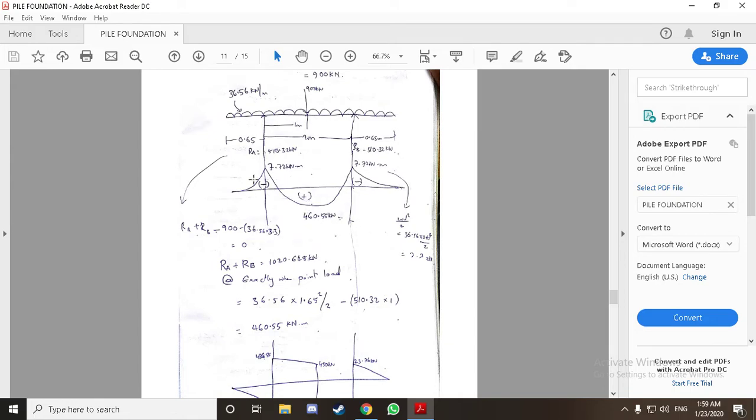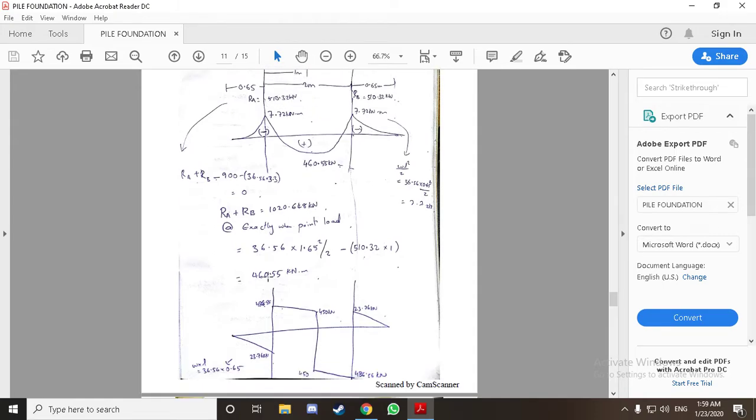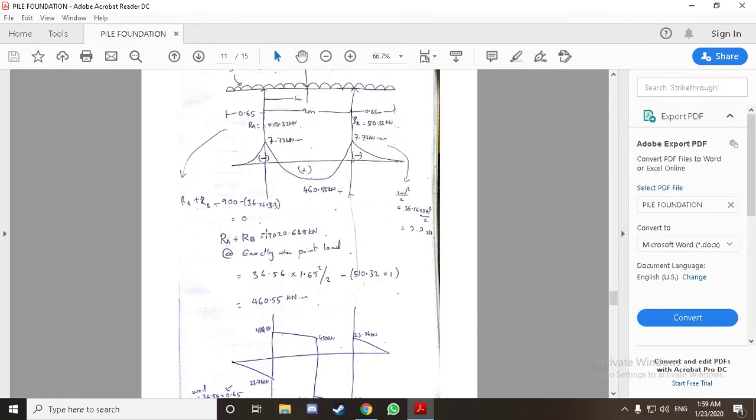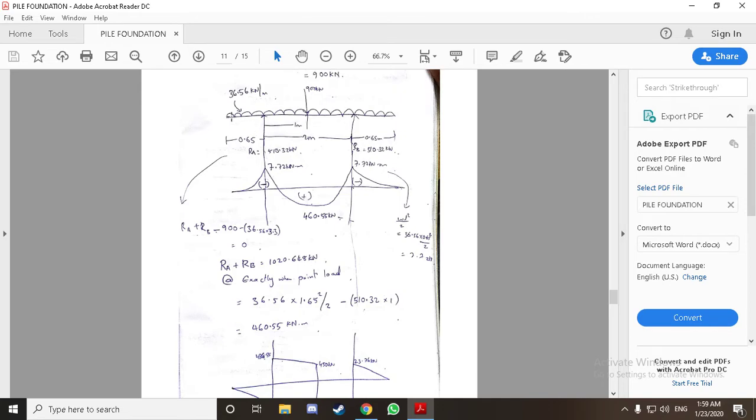Now for the simply supported portion, we have to calculate the bending moment at the center point. Let us say we are calculating from left till the center; we can go on either way because it's symmetrical. So 36.56 UDL into 1.65, we are assuming this as the cantilever portion.